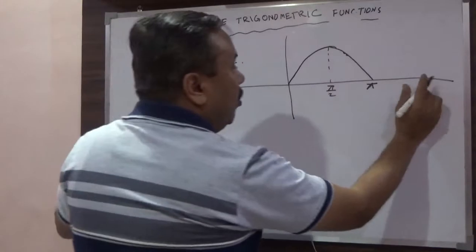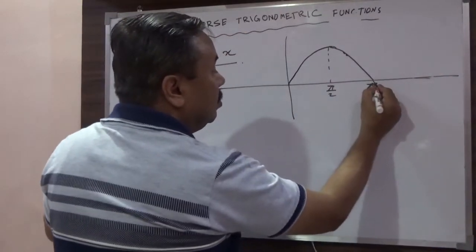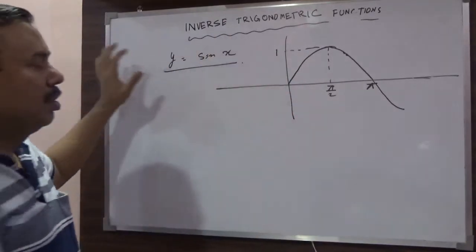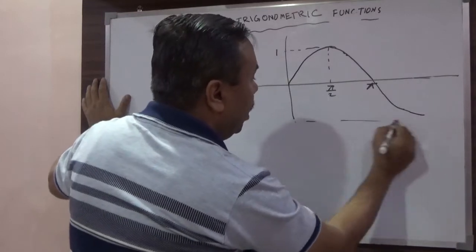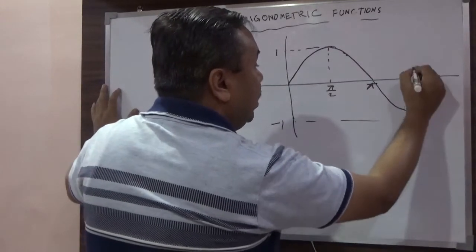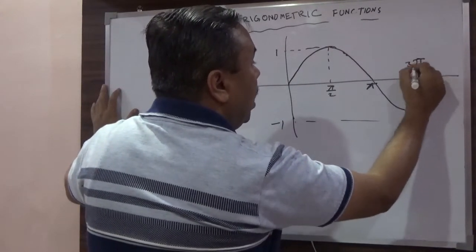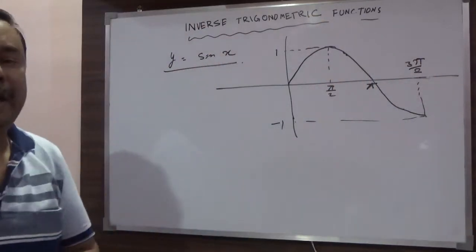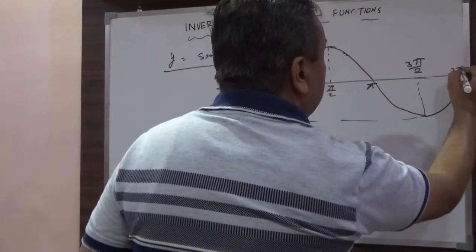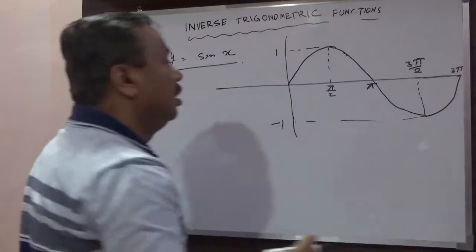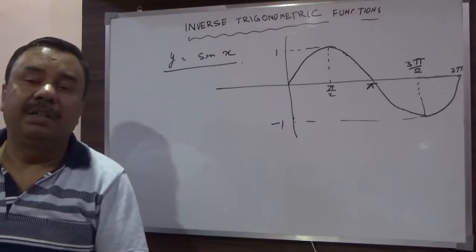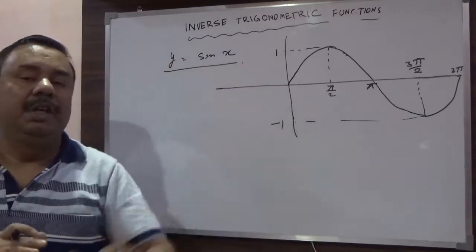From there it decreased further up to the value -1, and this -1 was attained at 3 pi by 2. Then it once again went to 0 at 2 pi, or what we call 360 degree. So this was the graph for the direct trigonometric function, that is when y was equal to sine x.